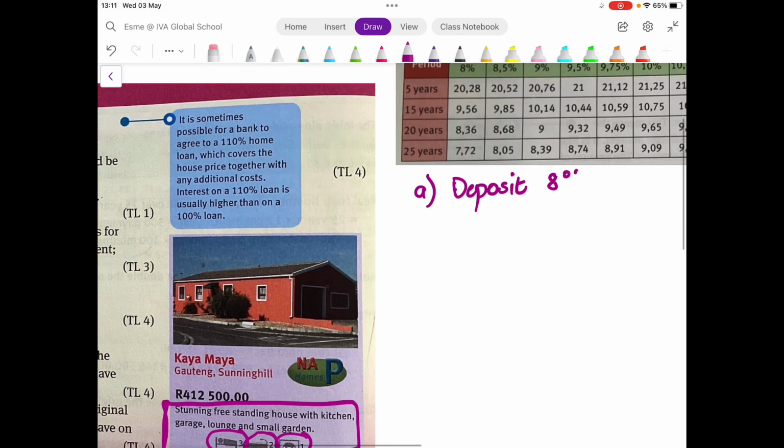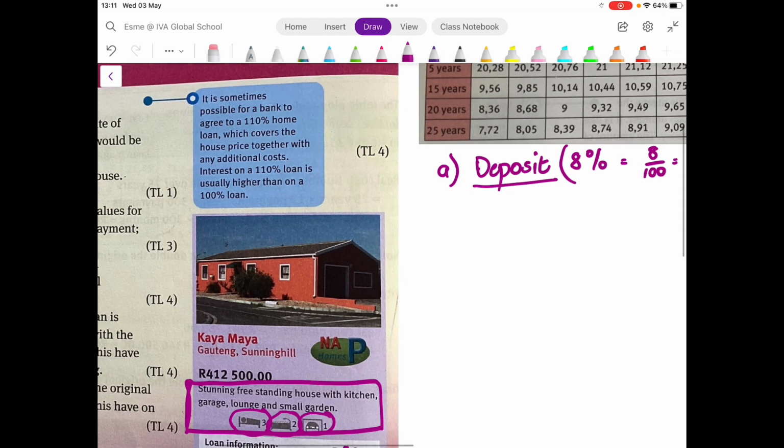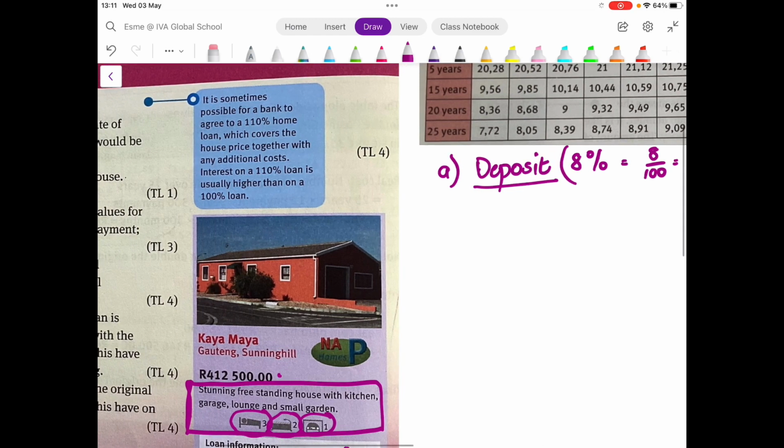Deposit is 8%, which we write as 8 over 100, which we're then going to convert to 0,08. So that is the deposit. And the deposit is a percentage, 8% of the selling price. And the selling price is here.